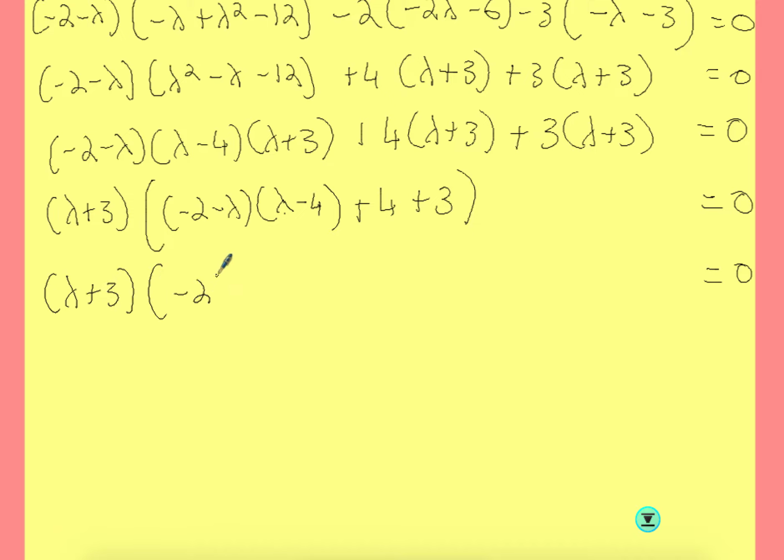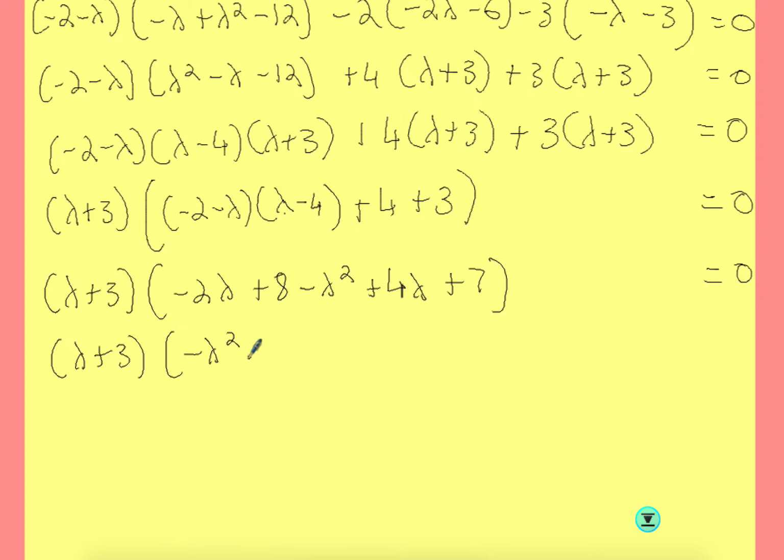So it's negative 2 lambda plus 8 take away lambda squared plus 4 lambda plus 7. Is equal to 0.